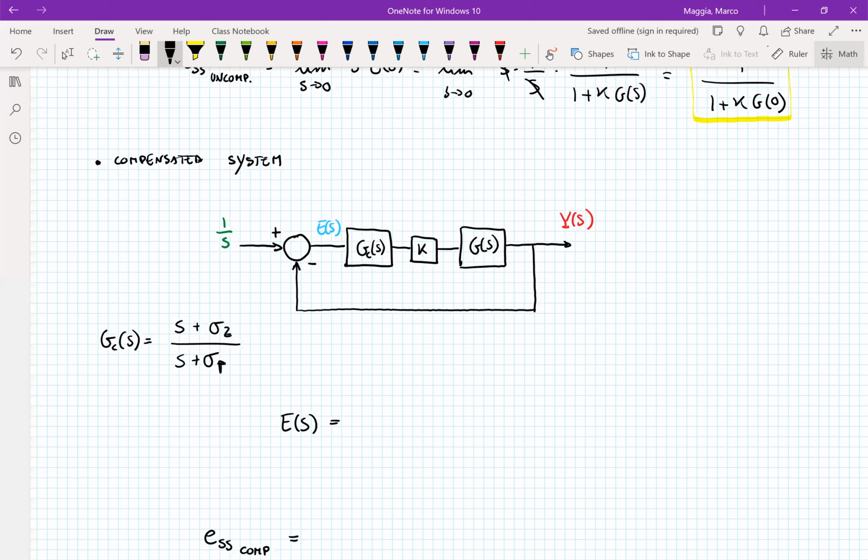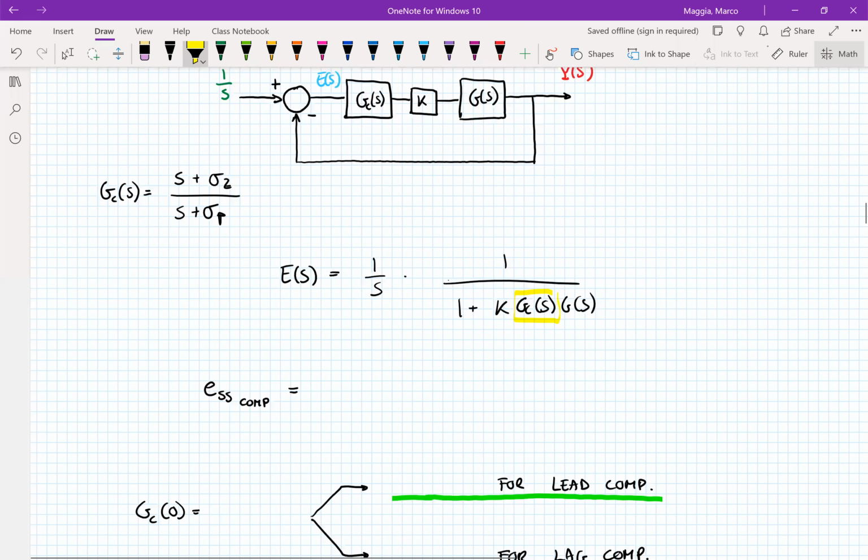All right, so now in this case, the error function in the S domain is 1 over S times 1 over 1 plus K, and now we have GC times G. So the only difference is the introduction of this GC, that is the compensator.